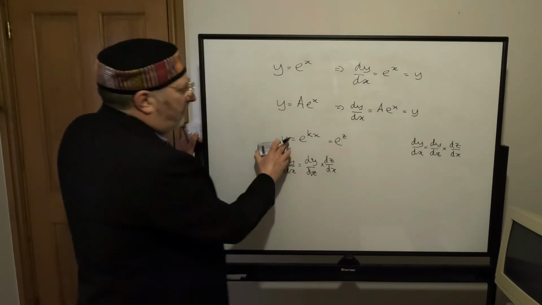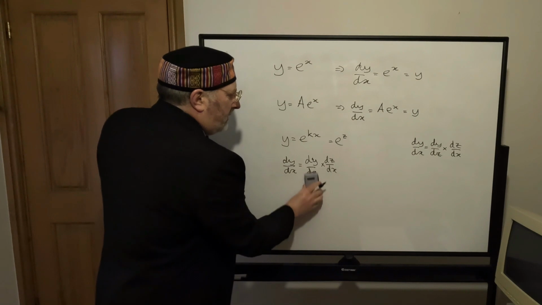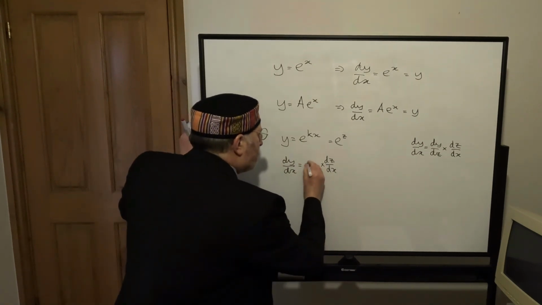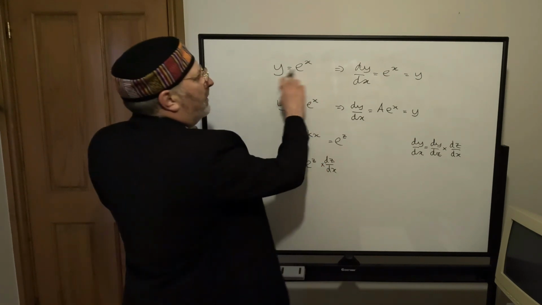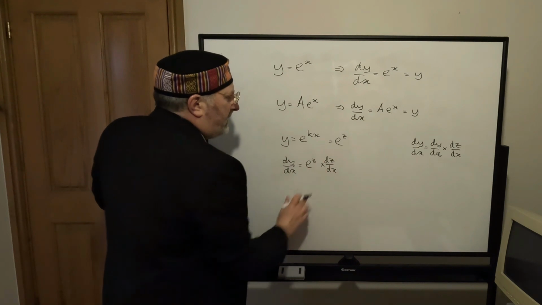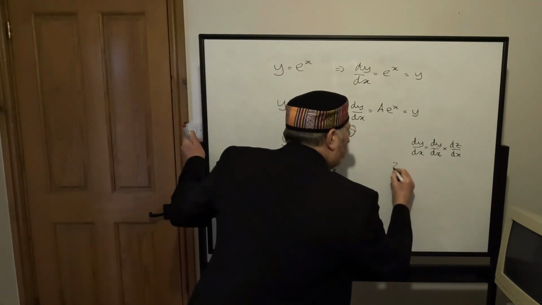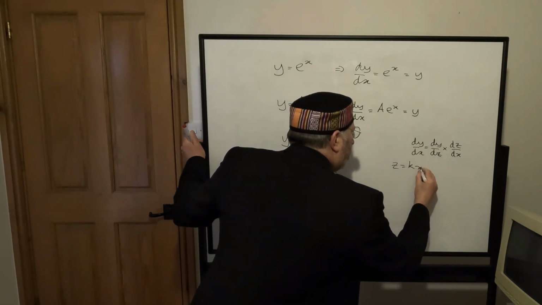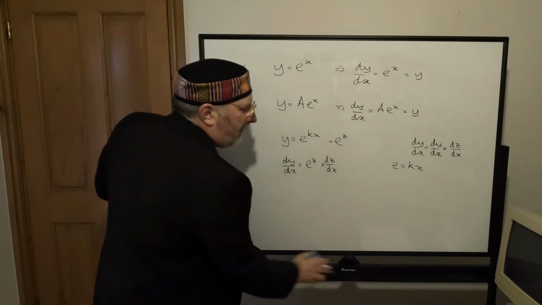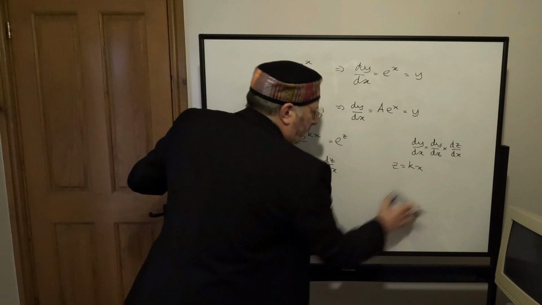Well, dy by dz, if y equals e to the z, dy by dz is just e to the z by what we already know. And dz by dx, well, if we say that z equals kx, which is what we've just been saying, we should remember from the last lecture, differentiating gives dz by dx is just k.